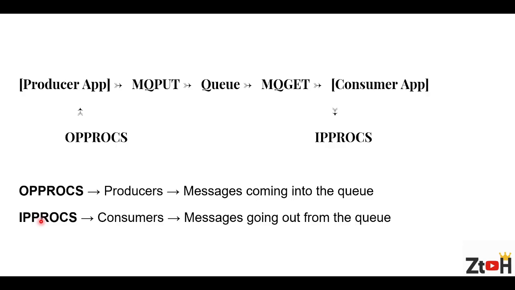OPPROCS are considered producers, where messages are coming inside the queue, whereas IPPROCS are the consumers, where messages are going out from the queue. Please take a screenshot of this. It makes sense.